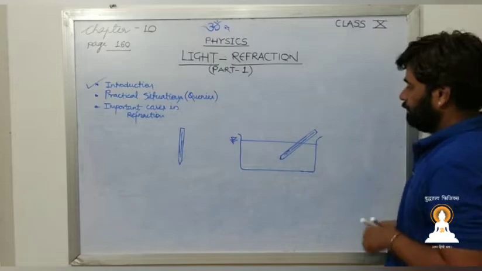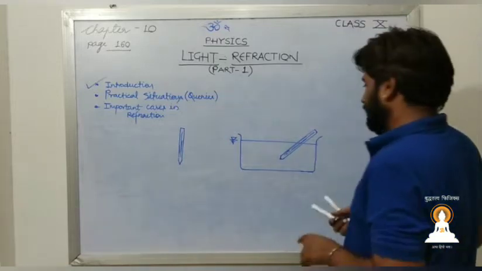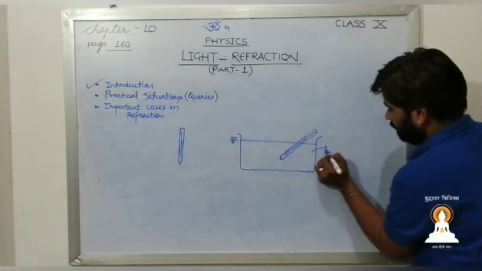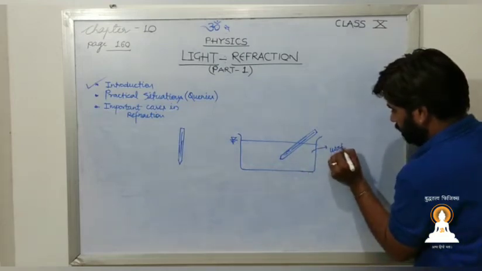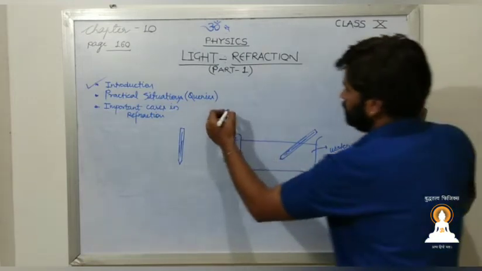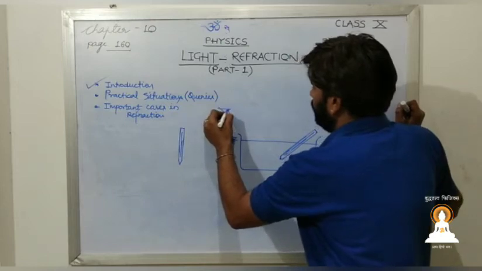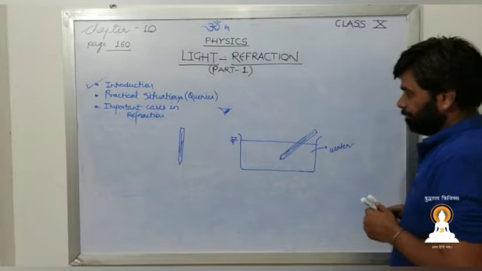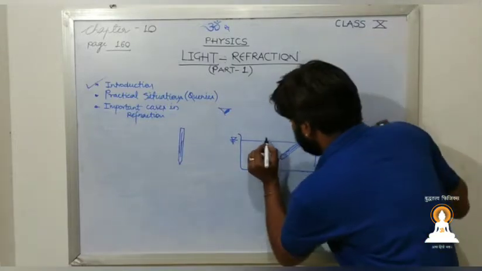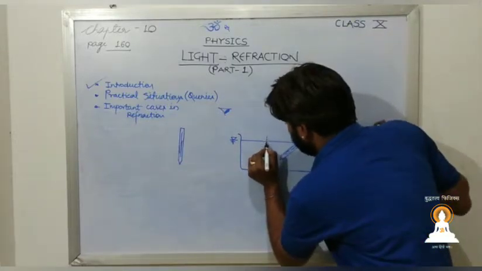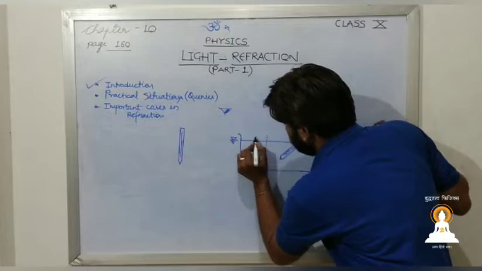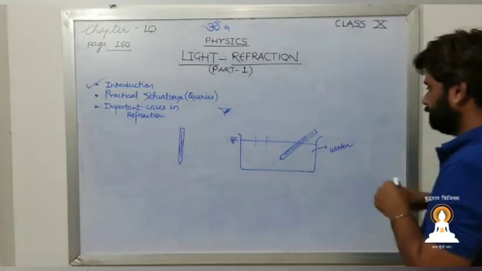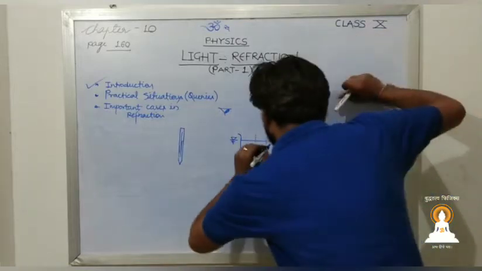Again, because this is water, as we have taken it, what will happen? Suppose the observer is here. Suppose you are the observer, then what will happen? Let us see. Minimum 2 rays we need to draw an image, so let us take these two.